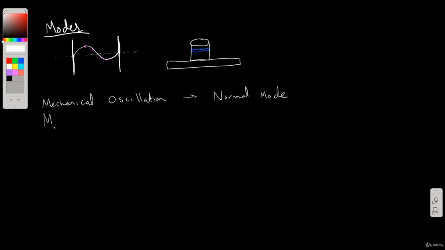In mathematics, for those of you who are math savvy, in which case a lot of this review should be very simple to you, the mathematical name of a mode is often regarded as an eigenfunction. An eigenfunction.